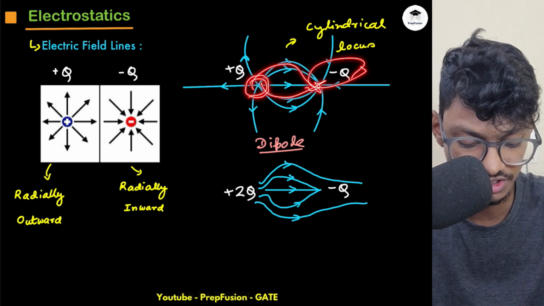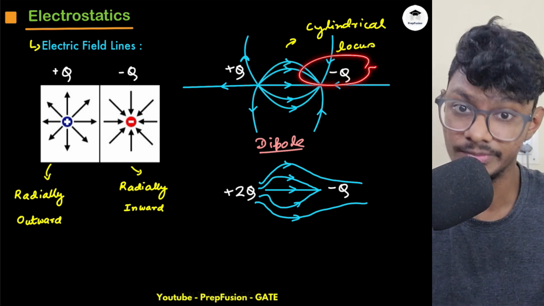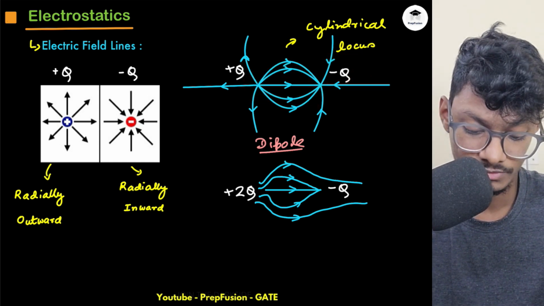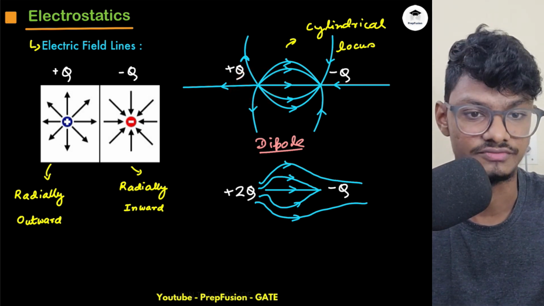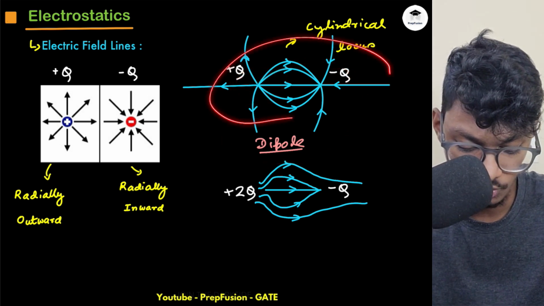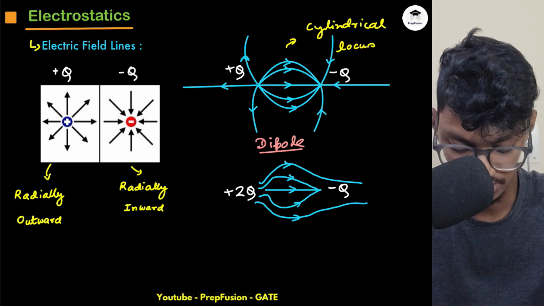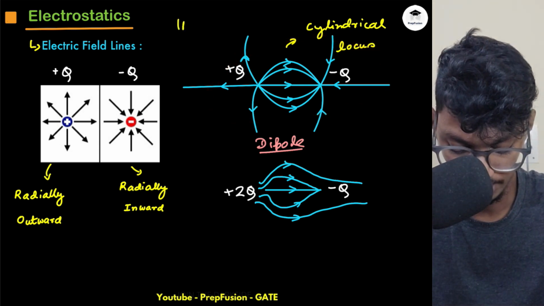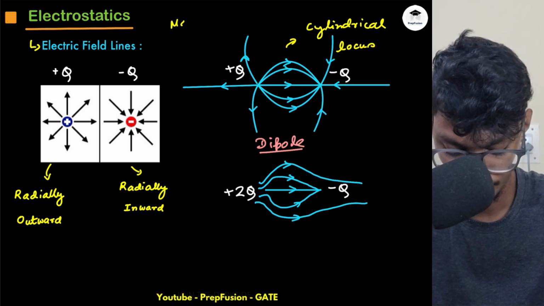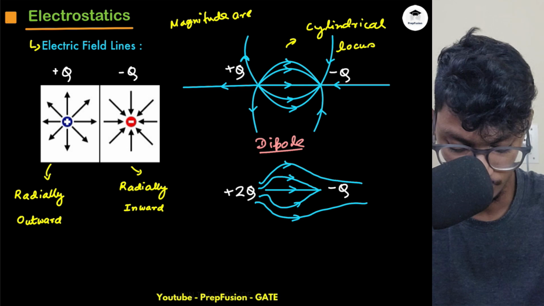Few lines will generate and terminate at minus q, because electric field lines always terminate at a negative charge and generate from the positive charge. So this is an example of a dipole. We will study about dipole, don't worry. These are equal, the magnitude of charges are equal.